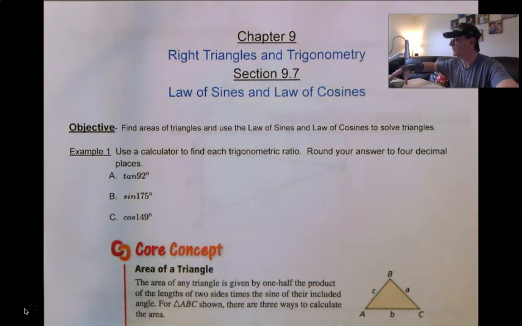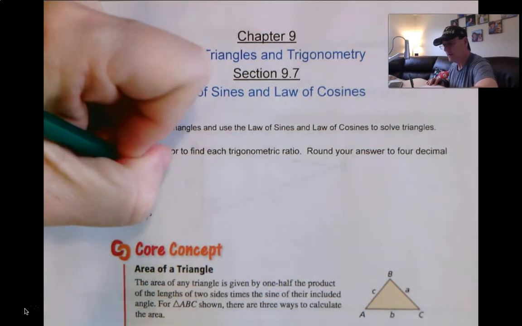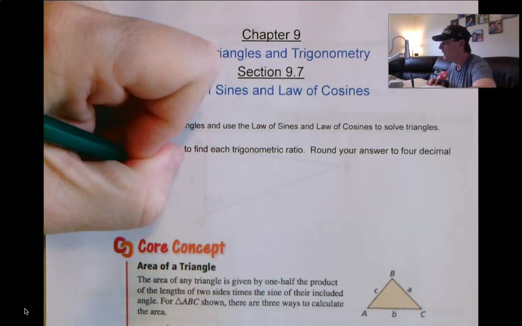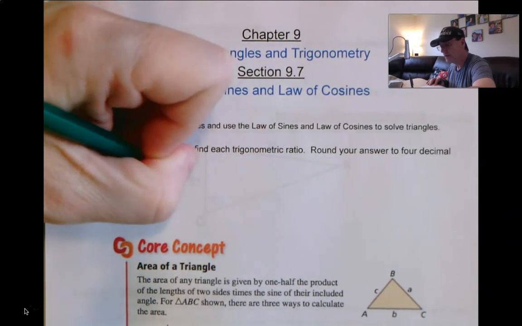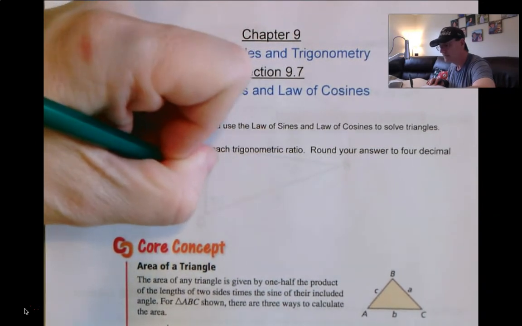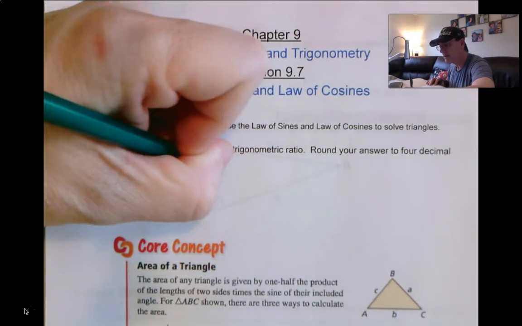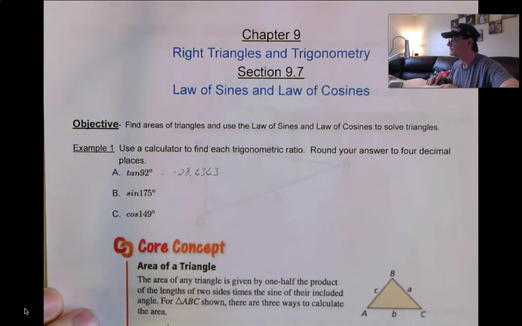So we're going to use a calculator here to find tangent of 92 degrees rounded to 4 decimal places. So tan 92 gives me negative 28.6363. Rounds up to a 3 at the end. Sine of 175 degrees.